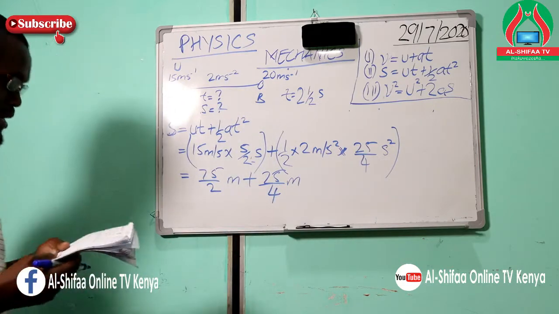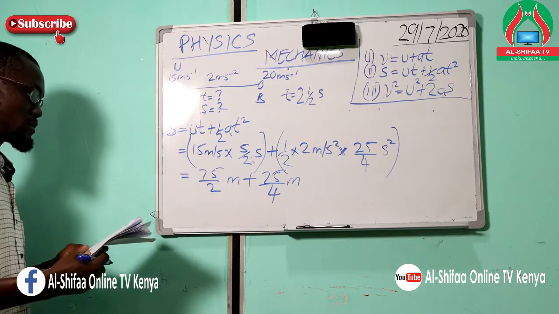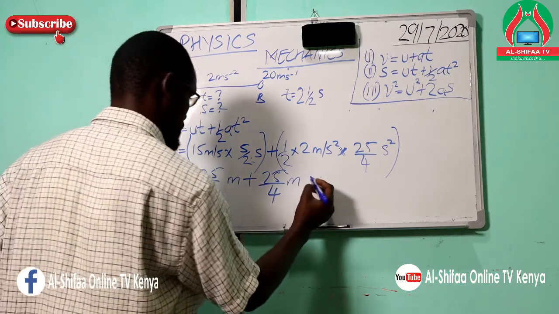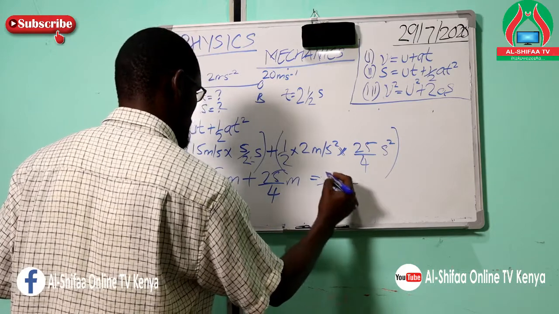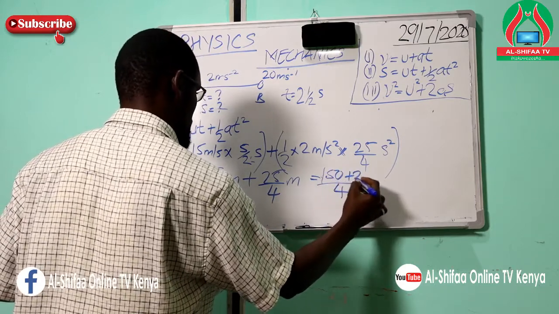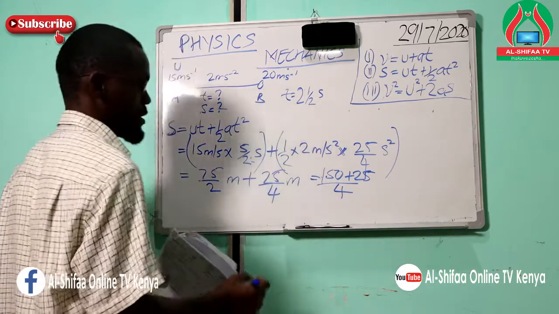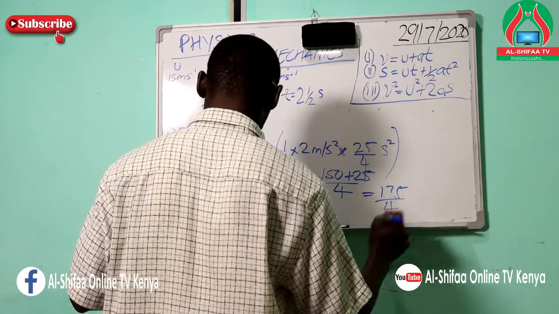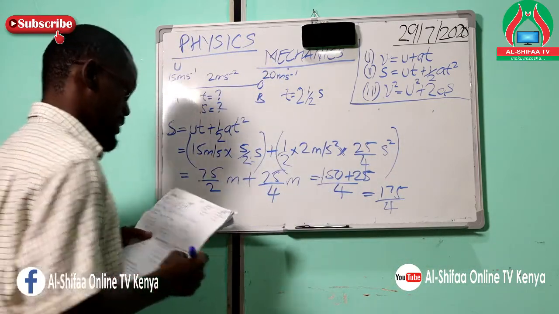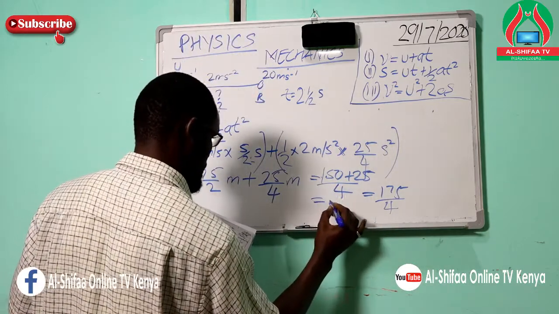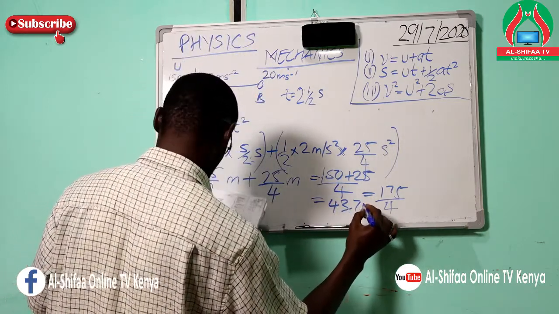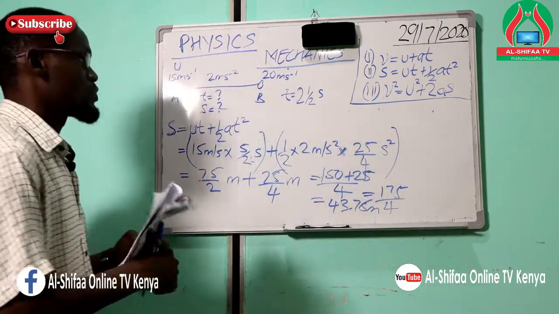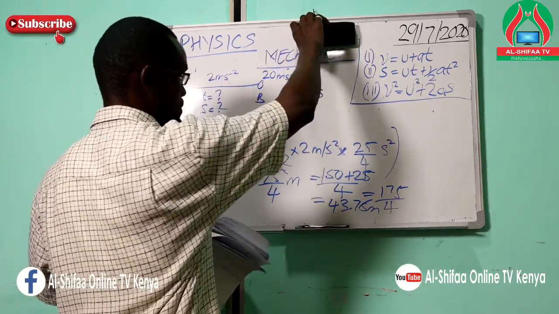So when we do the addition, we'll find that here we'll get 150 plus 25, which is equal to 175/4, equivalent to 43.75 meters.